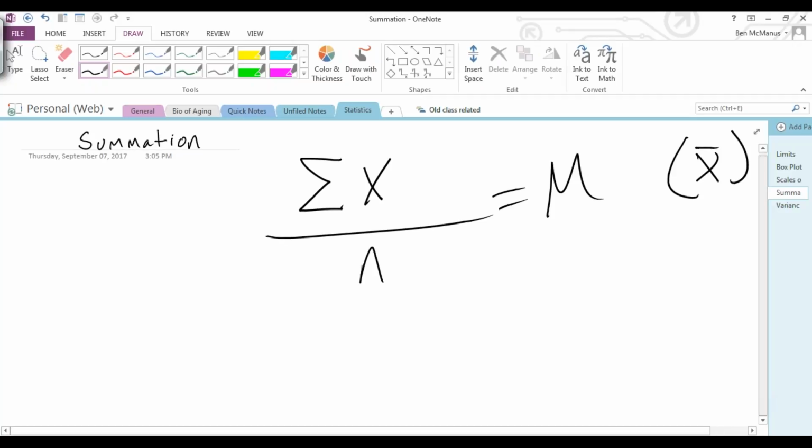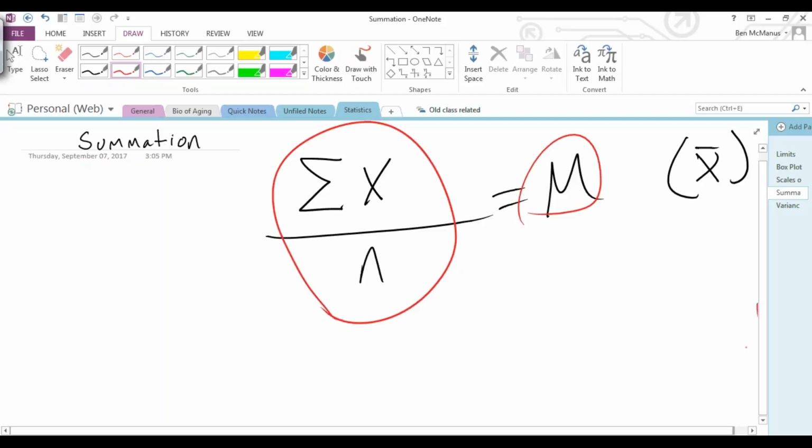So what you'll need to do with summation and understanding your formulas is, can you work with it? If you were given 2 of these, you can calculate the third. If you were given all of your x's, you can get the sum of x, and then you can tell how many you have, and then you can calculate your third, which is your mean. But what if we were to say, here's how many you have, and here's your mean, what was the sum up here?